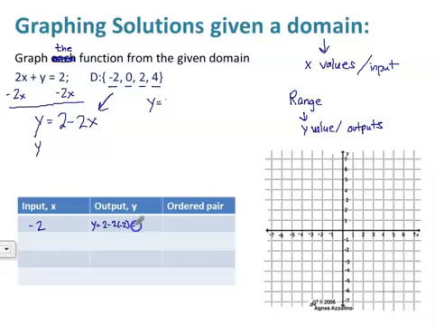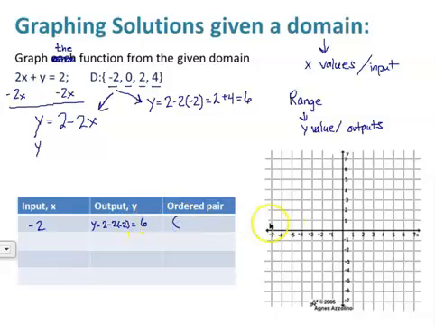And what does that give us? Let's do some evaluations here. Negative 2 times negative 2 becomes a positive 4. So 2 plus 4 is 6. When the input is negative 2, we get an output of 6.